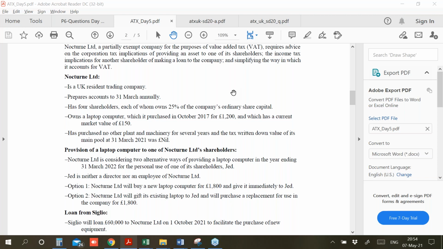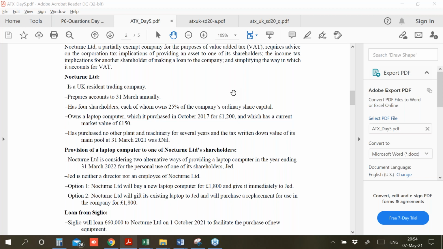In this case, because he is not an employee, the NIC will be saved. However, there will be a loss of capital allowances for the company. And for Jed, it will be treated as a dividend. So that is option number 1.